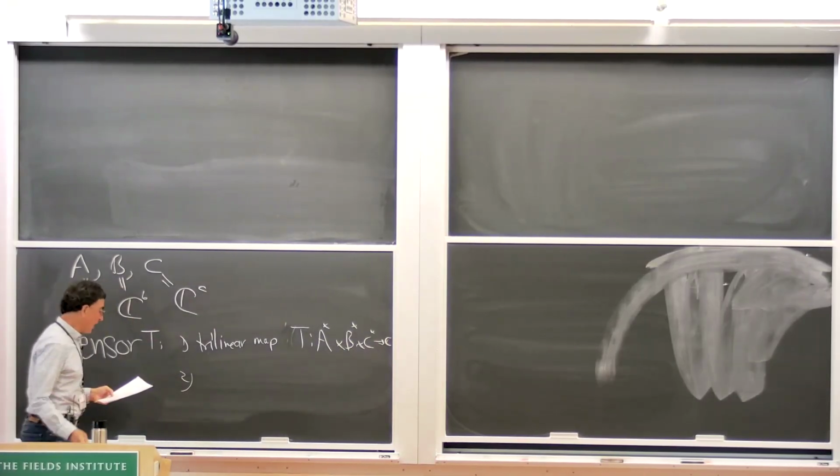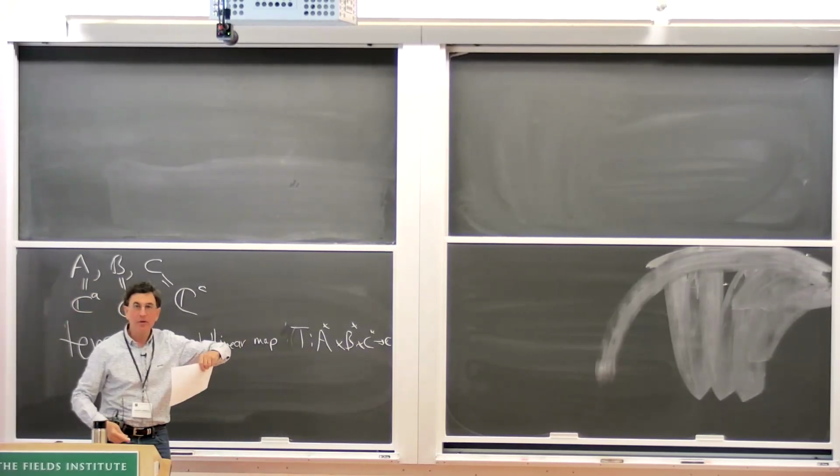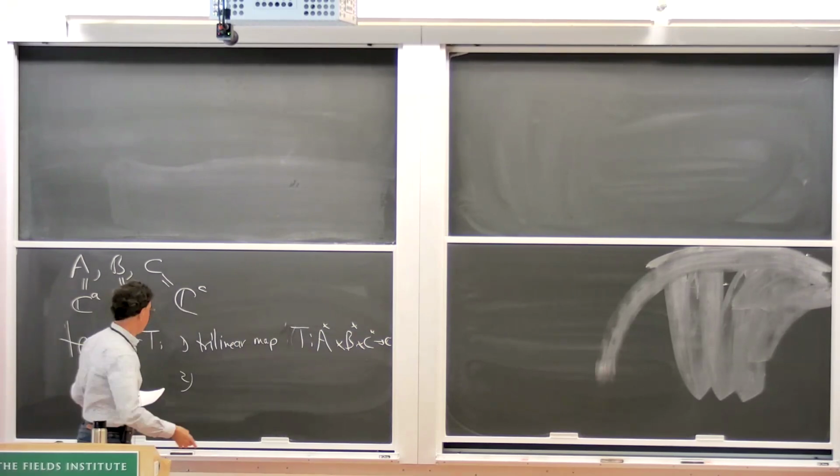Just like with matrices, you could think of a matrix as something that eats a vector and gives you another one, or it can eat two vectors and gives you a number.